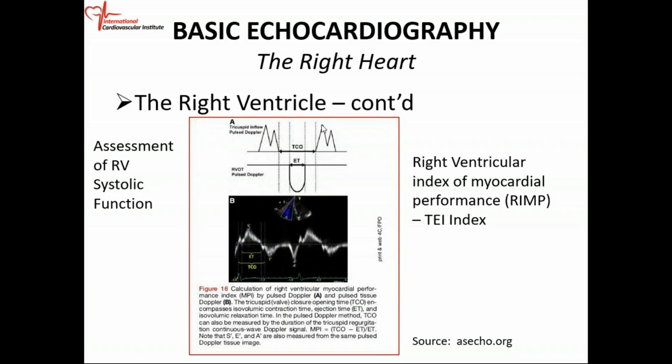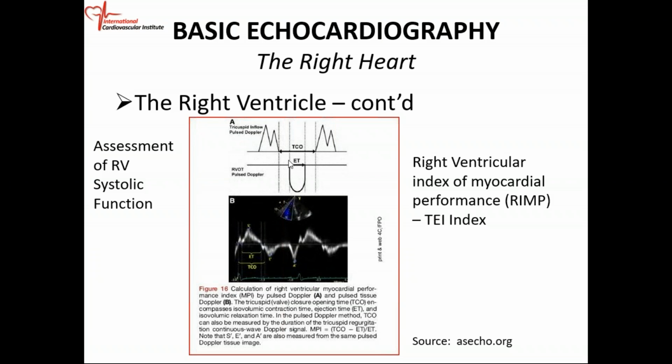Then the tricuspid valve opens. Then you get your E velocity and your A velocity. Okay? So this is your IVCT and this is your IVRT. So remember, what's the definition of RIMP? It is from tricuspid valve closure to tricuspid valve opening minus the ejection period divided by the ejection period.